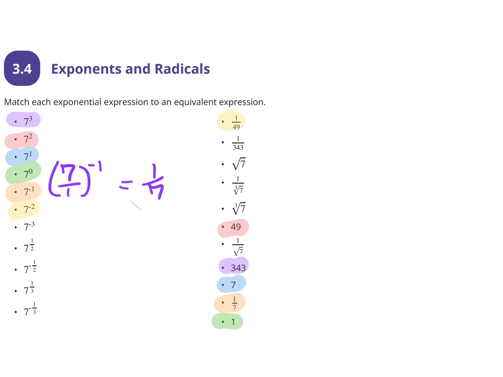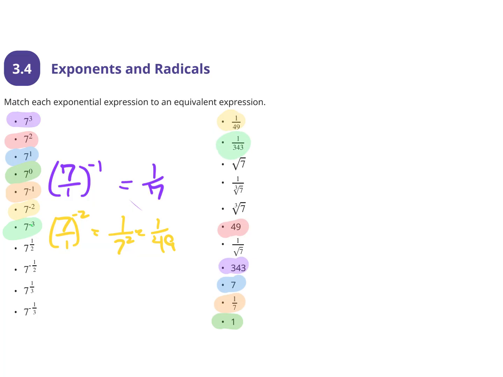So let's show you this again. 7 to the negative 2 equals 1 over 7 squared. When you have a negative exponent, it flips the fraction upside down. Once the exponent goes across the fraction bar, it becomes positive. And that's why this is 1 over 49. The same reason 7 to the negative 3 is 1 over 343.